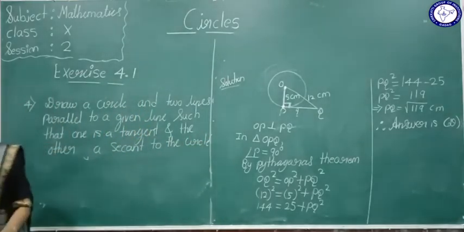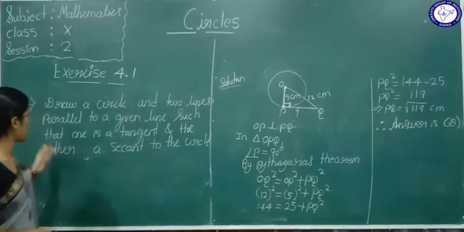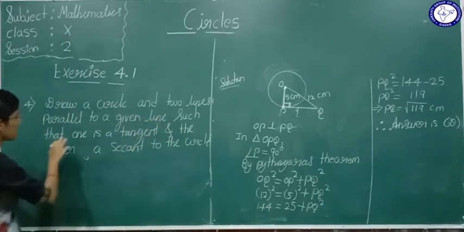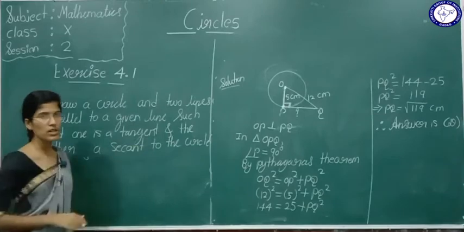Now see here students, what is the fourth question? Draw a circle and two lines parallel to a given line such that one is a tangent and the other a secant to the circle.